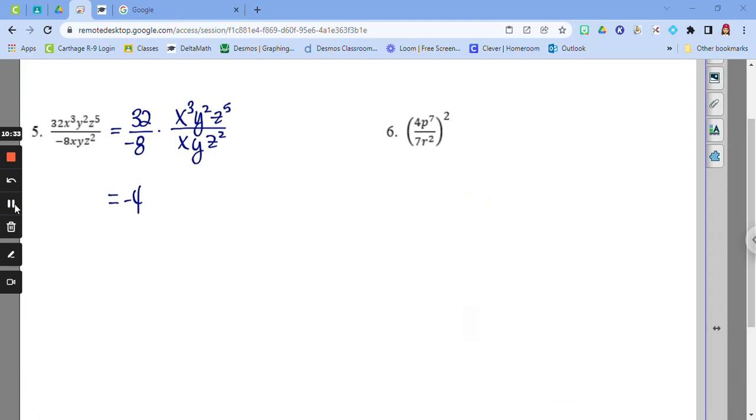All right, so my variables. For x, 3 minus 1. For y, 2 minus 1. For z, 5 minus 2. So doing that subtraction, I'm left with x squared, y to the 1, z to the 3rd.